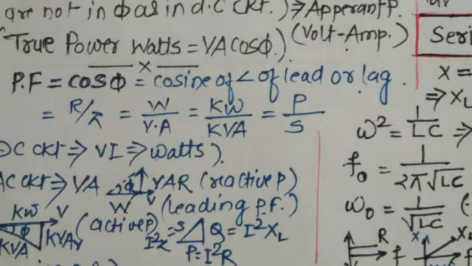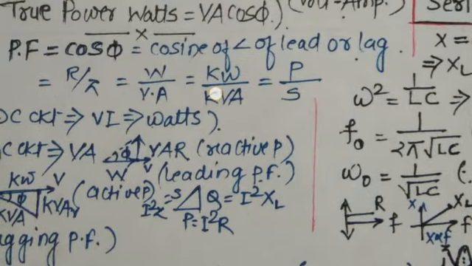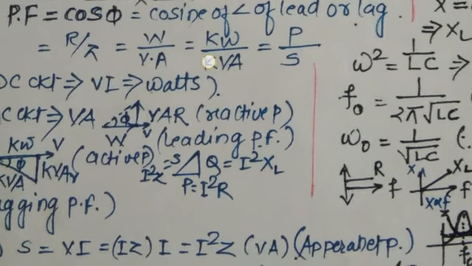If multiplied by K, it is kW upon kVA, that is active power upon apparent power, that is P by S. So in DC circuits it is VI, that is watt.